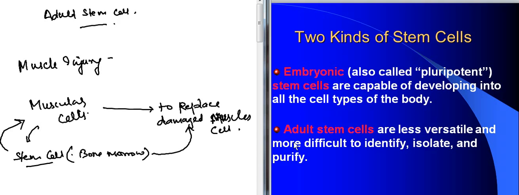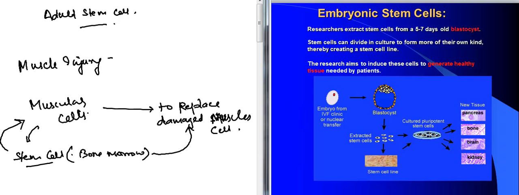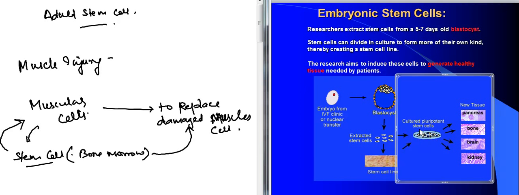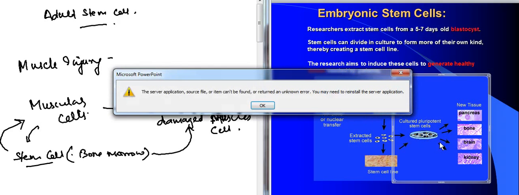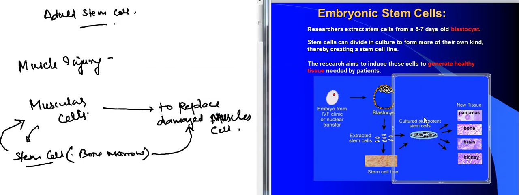Okay, now how these embryonic cells are extracted, or how they are not specialized, we can see from here. This is the blastocyst stage. From this stage the cells are extracted and cultured.